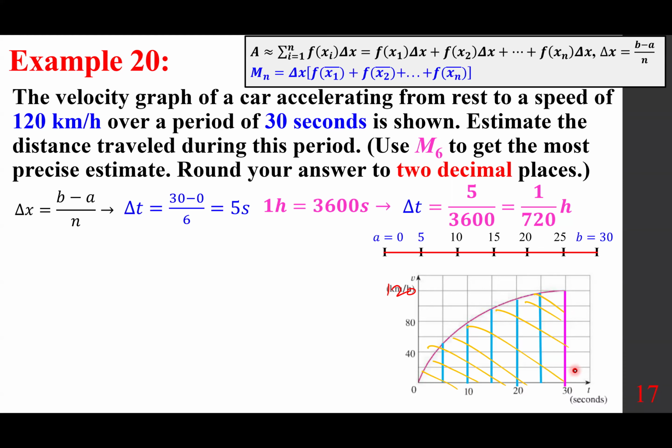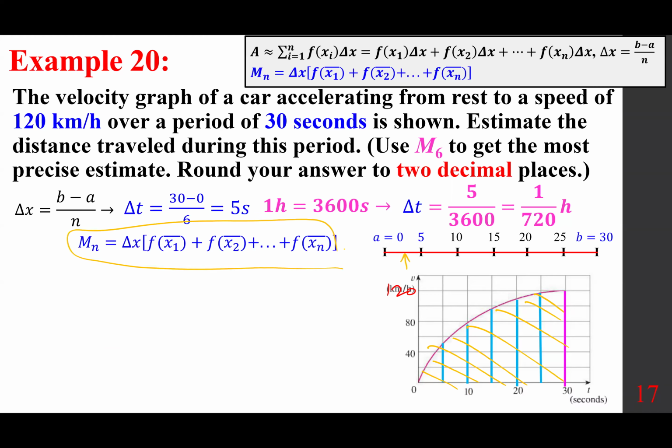Because we want to use the midpoints, if we want to go with the formula, and I really don't care for the formula too much, that means here, the very first one, if you just look at it, this is the height.